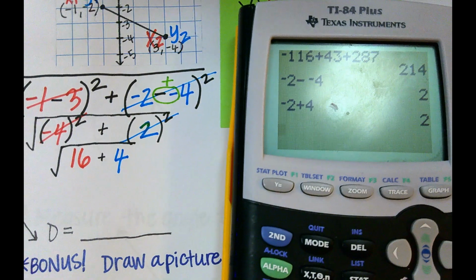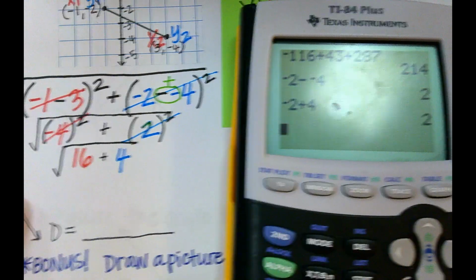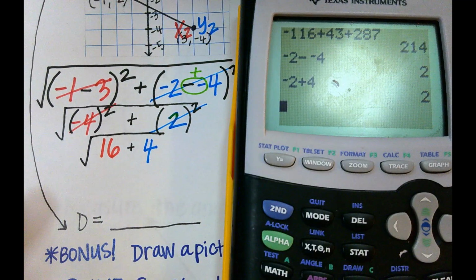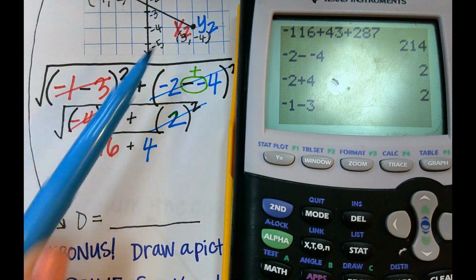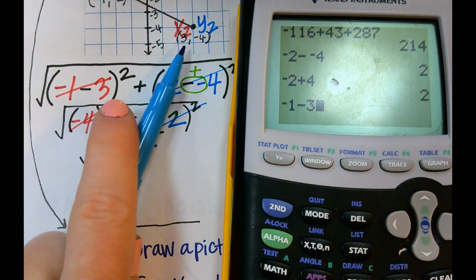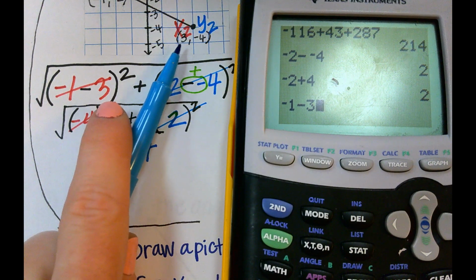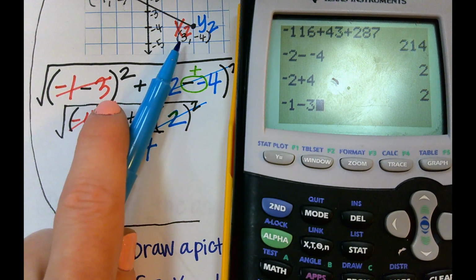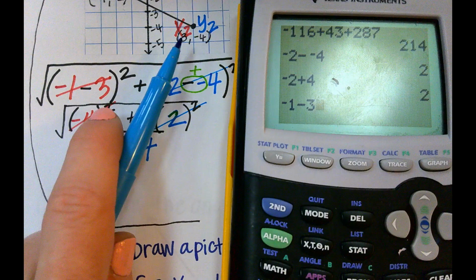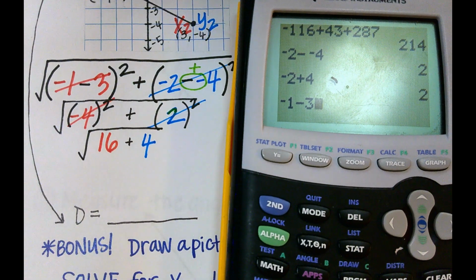The subtraction anyway, it was a positive. But because x2 is positive 3, it should just be positive. If you look at the paper, there's no extra negative. Thank you, Sky. You're so helpful.